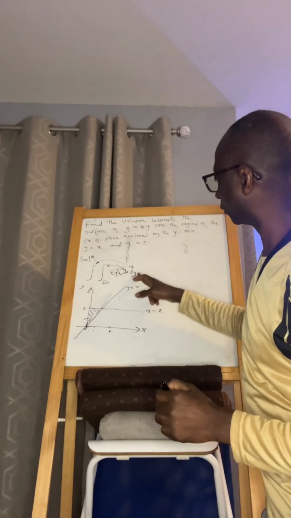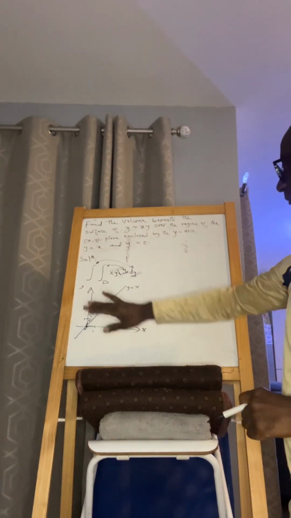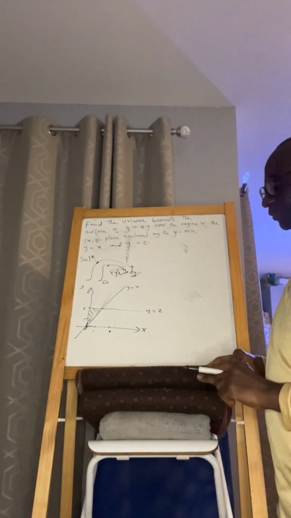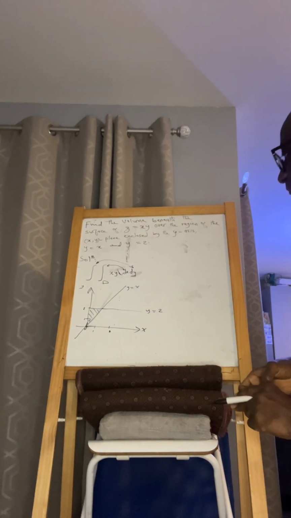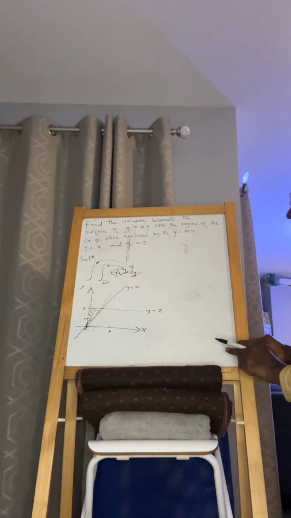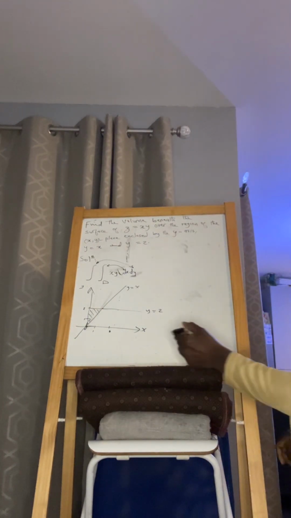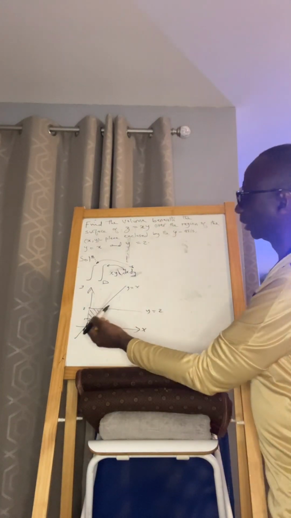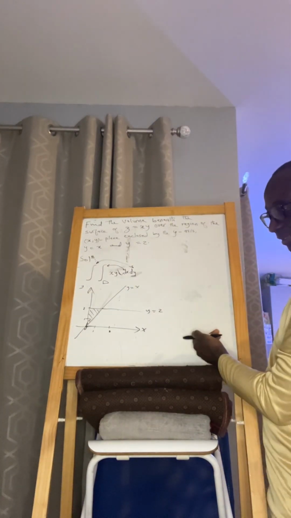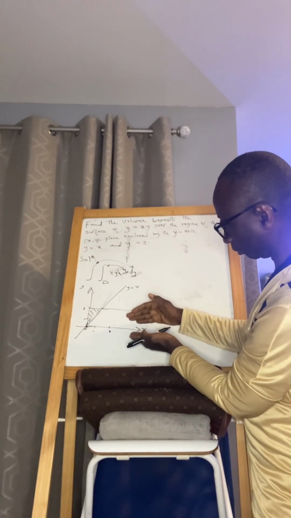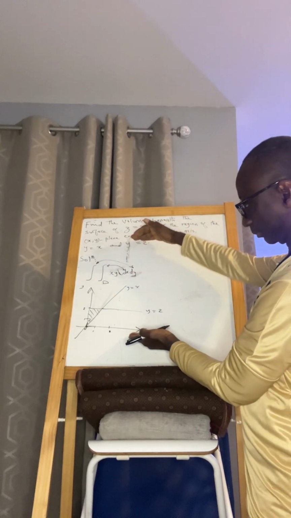So we come now to look for the limit of y. What are they? What are the limits of y? When you are doing these problems, you are moving from left to right as you are moving from bottom to top.